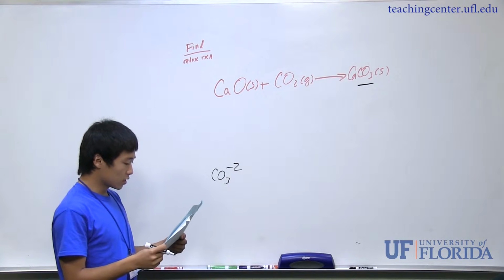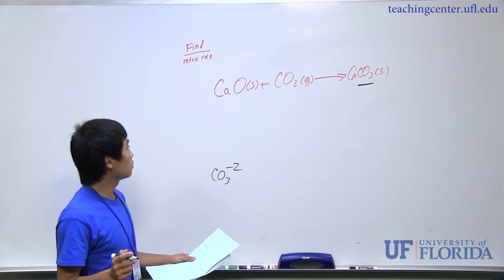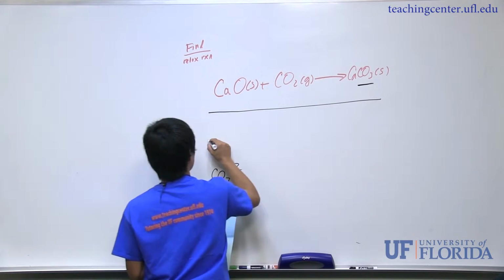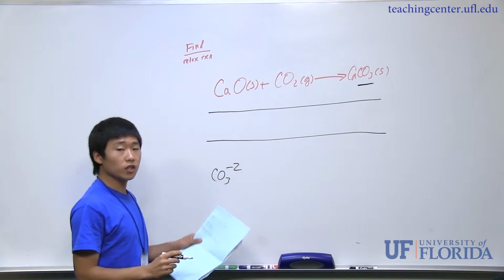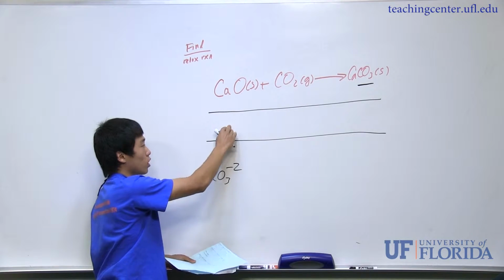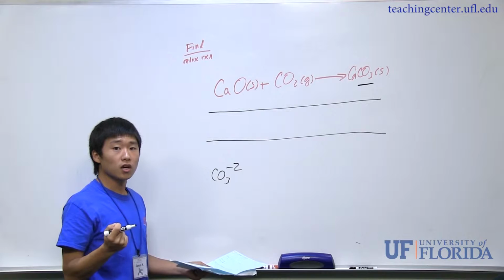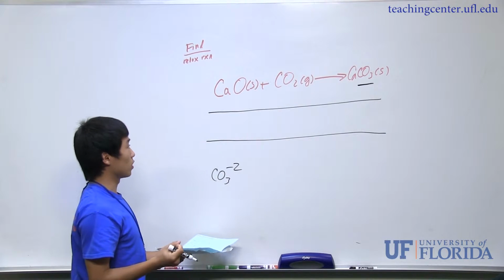Then what I like to do is create two rows, where the first row is the charge of the individual atom, and the bottom row is the charge for all the atoms combined of the same element in the same compound.